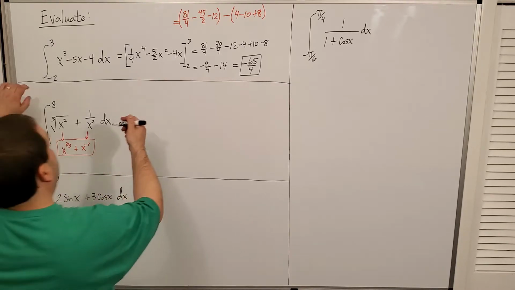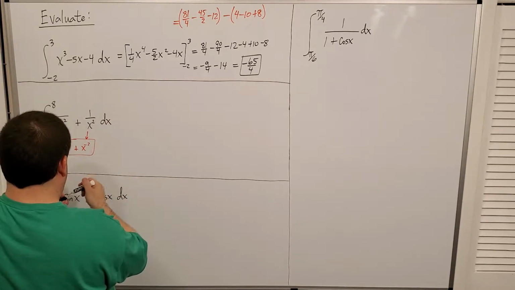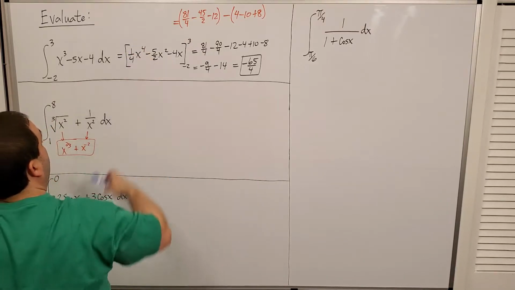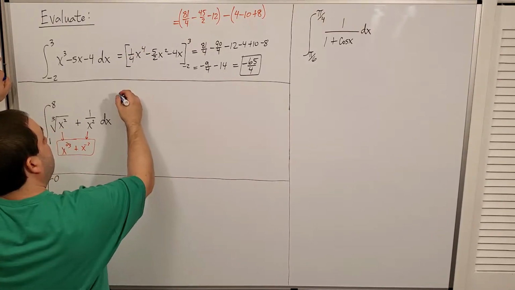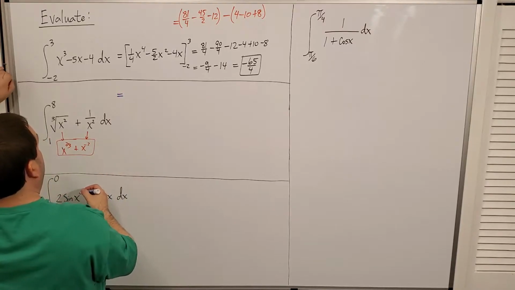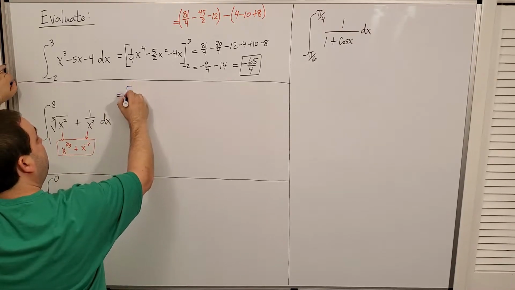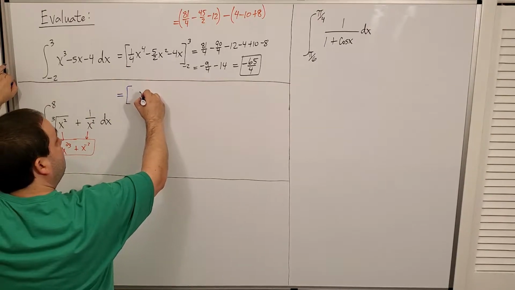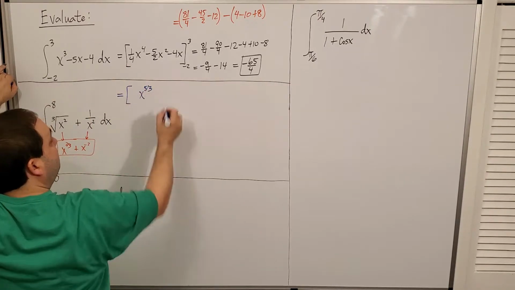All right. So here we go. In fact, let me do this in blue so it won't mix up with the other. This is going to be equal to, I'm doing the antiderivative now. 2/3 plus 1 is 5/3.